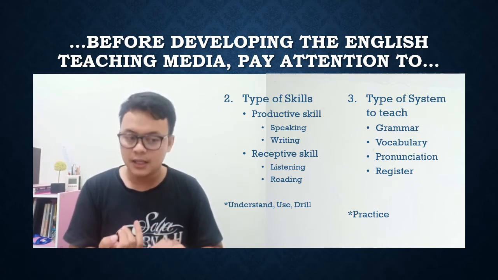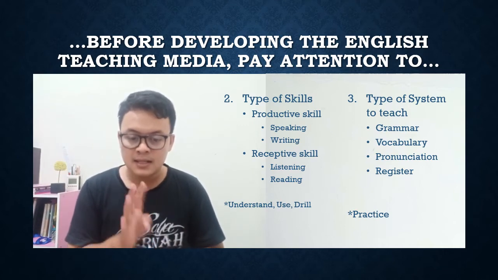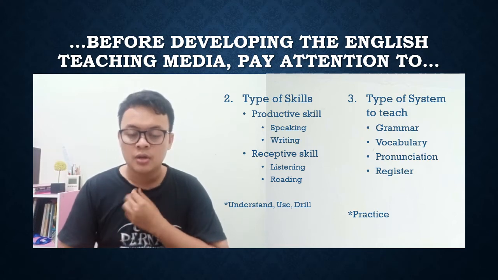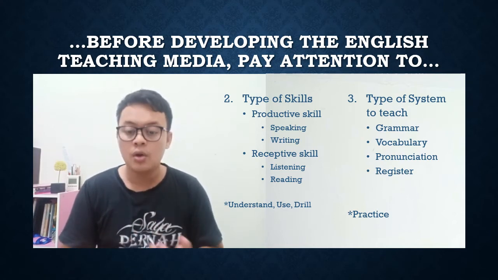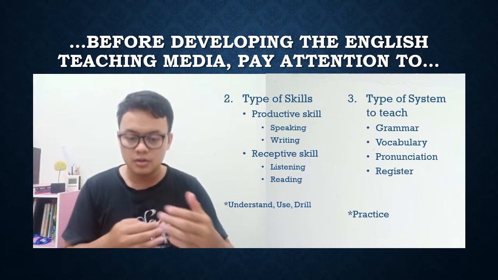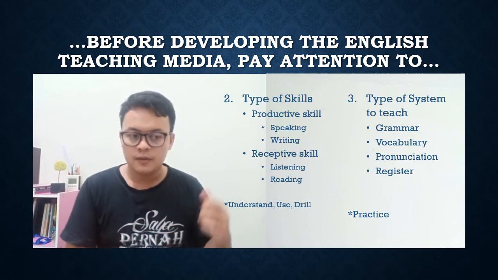Number one is speaking, writing, listening, and reading. Okay, so those four skills are the types of skill that need to be considered as a goal of the English students, right? So there are some things that you need to understand in these skills.